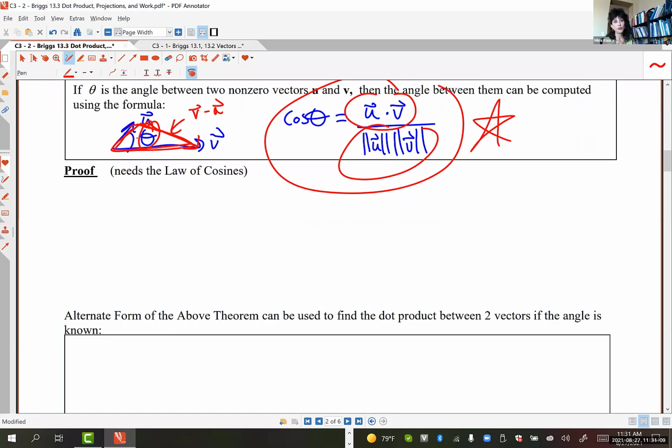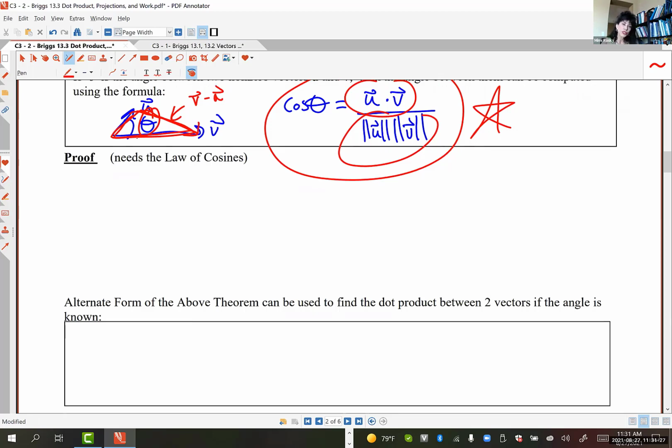Not to be confused with that theta, different. It's just the angle between two vectors, anywhere in space. And actually this formula works for 17-dimensional space or 100 dimensions.